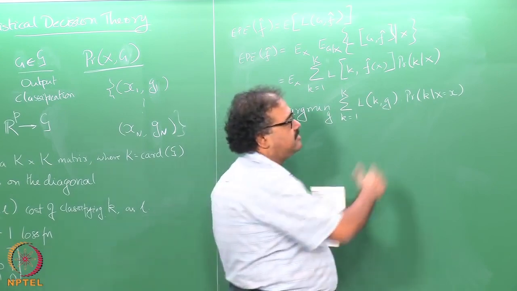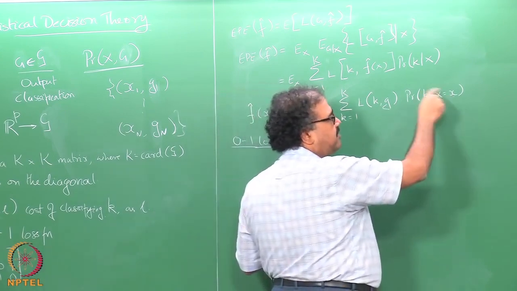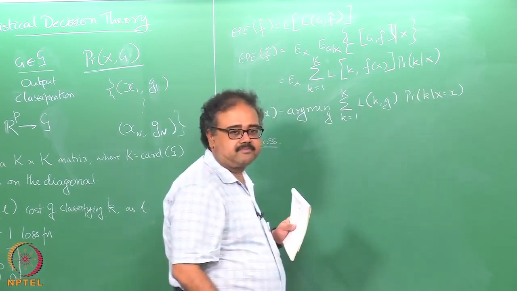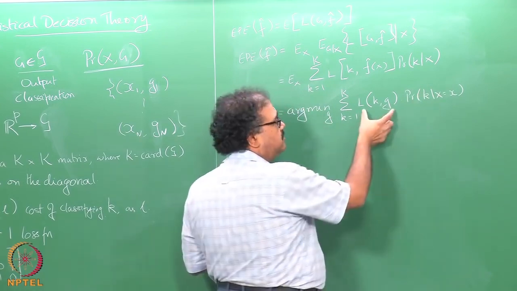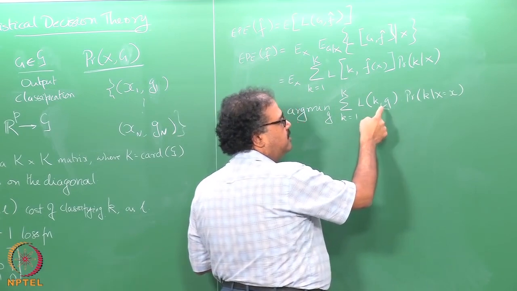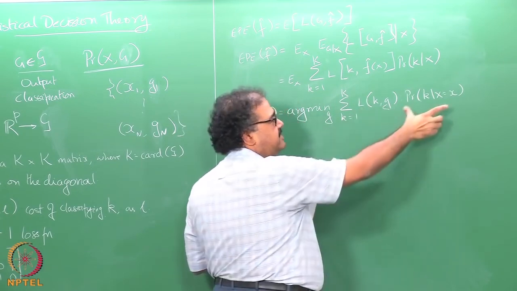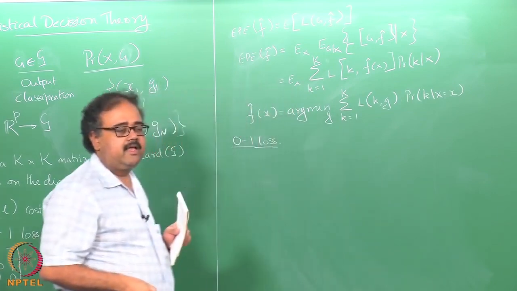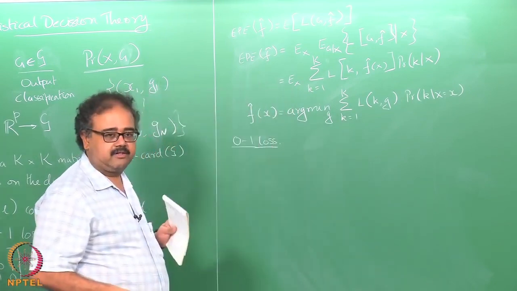So, the probability of 2 given x, probability of 3 given x, all of this will actually appear in the summation. If I set my g to that value of k which has the highest probability, then that will yield the best possible solution here.